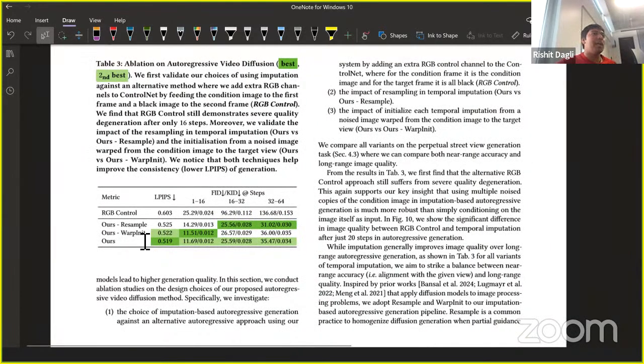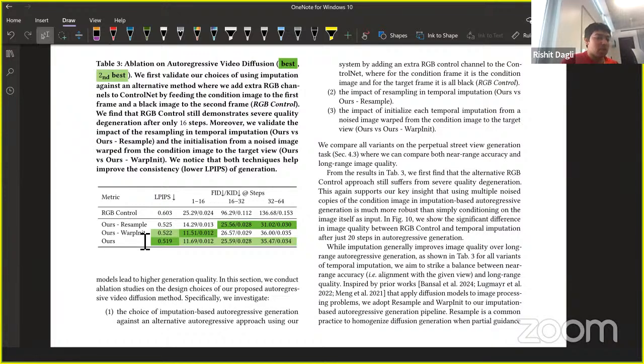It is quite expected that resampling is an important component of this, and they also show that the warping, what they call warpinate, the warping and then passing it in as conditioning, is also really important.